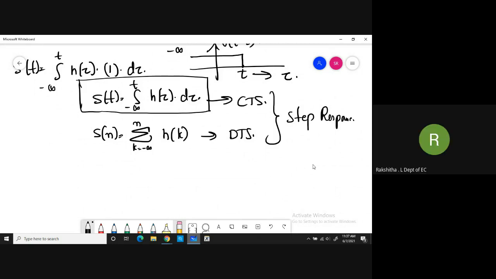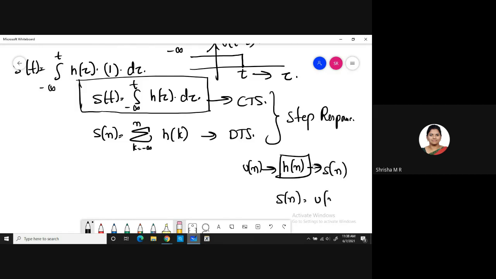Step response is the output of the system when your input is equal to the unit step signal, u of t or u of n. Suppose you are giving u of n to the system with impulse response h of n, then you get s of n, where s of n is nothing but u of n convolved with h of n, or h of n convolved with u of n.